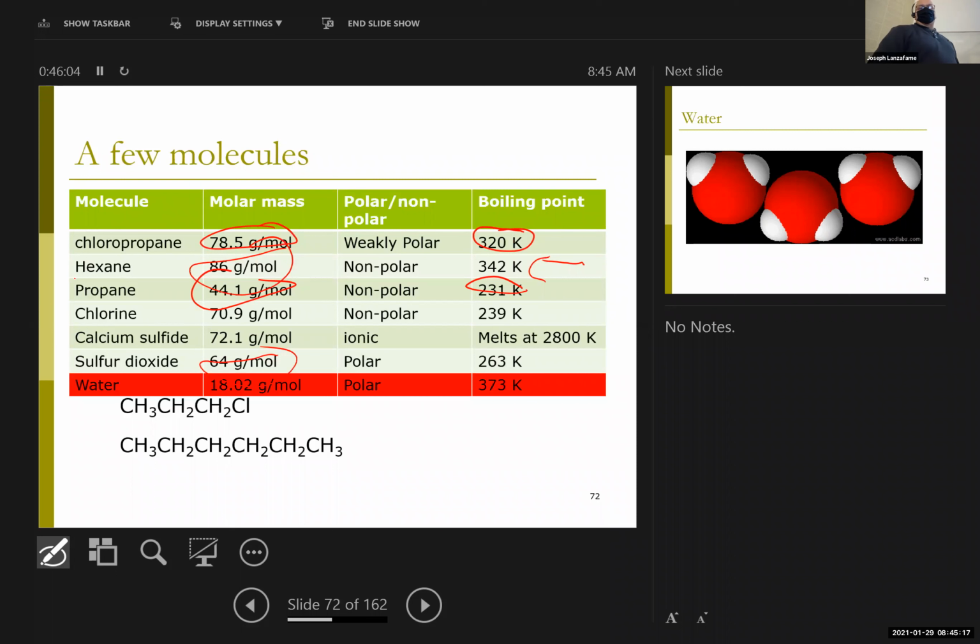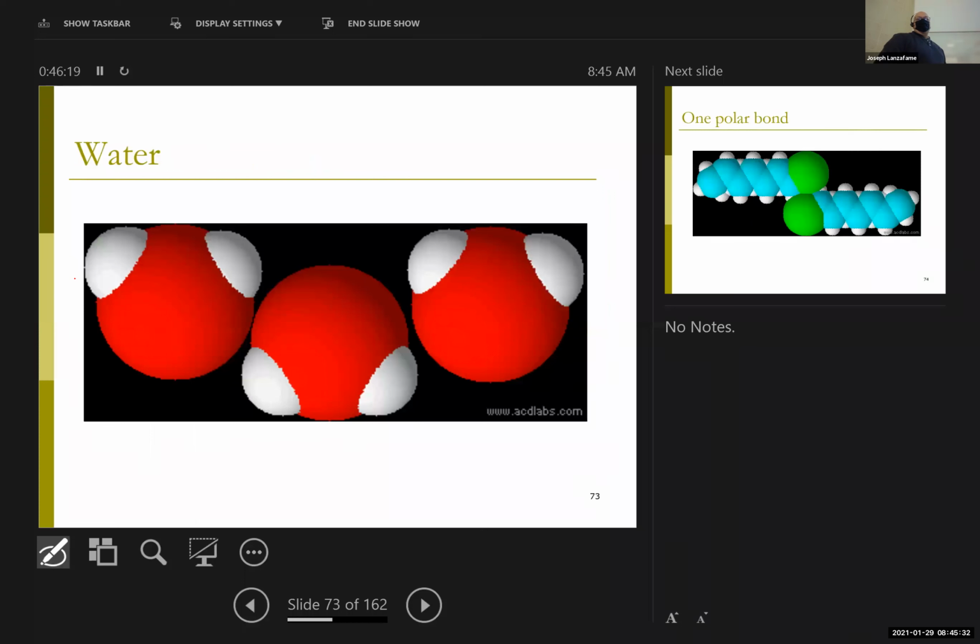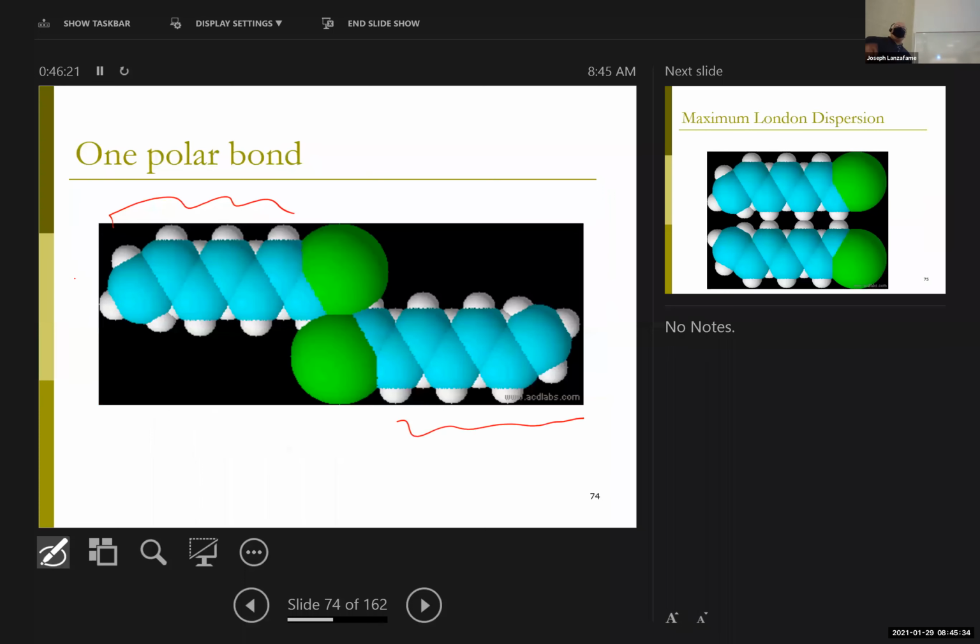And if you look at hexane, which is also nonpolar, but of similar size to chloropropane, it actually has a higher boiling point because, again, there is not any good way to both maximize my dipole-dipole interaction and my van der Waals.